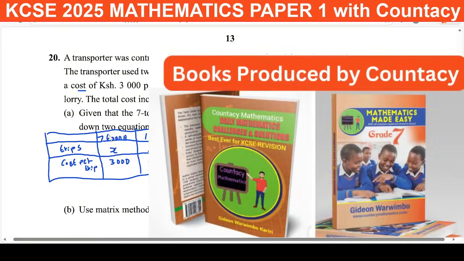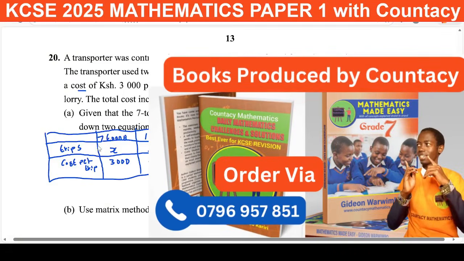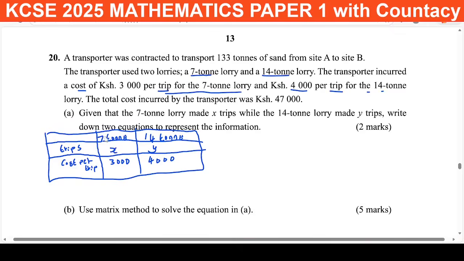That implies that if this lorry is making X trips and each trip is taking 7 tons, the total tons this lorry is going to carry is 7 multiplied by X, that is 7X. I'll show you where this is taking us. For this one, if every trip is carrying 14 tons, the total weight this lorry is going to take is 14 multiplied by the number of trips, which is 14Y. Great.